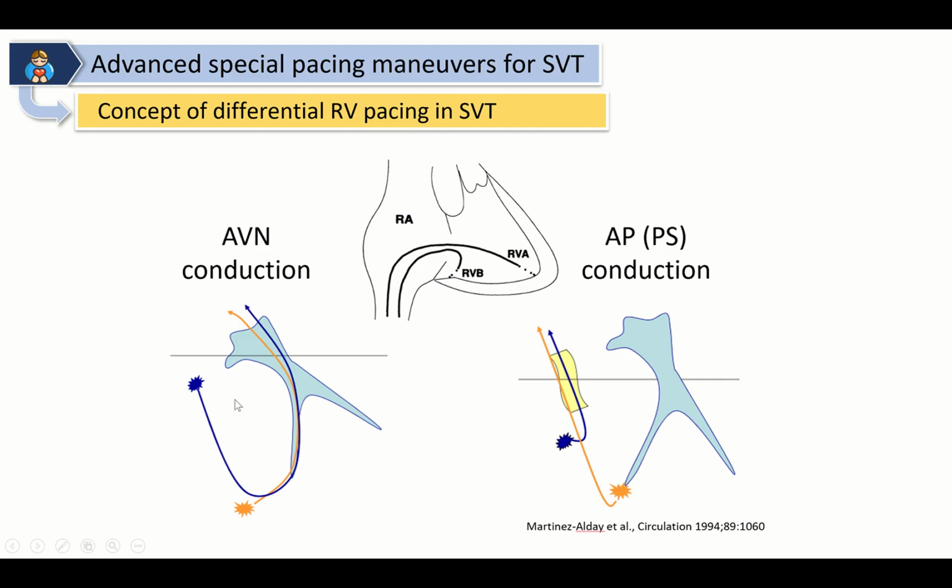At the left side in nodal conduction, it's a different story. You will find the stim to A, the orange one, during apical pacing is much shorter than stim to A during basal pacing because you are very close to the His-Purkinje system when you pace from the apex.